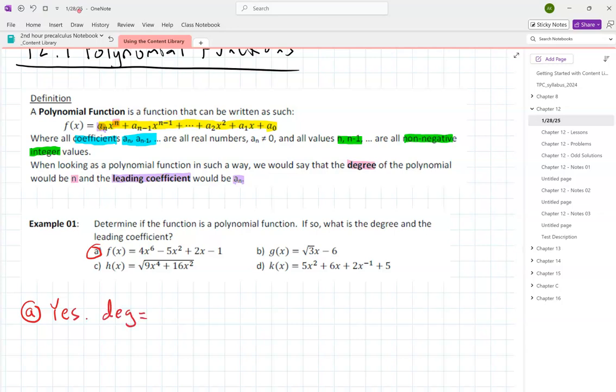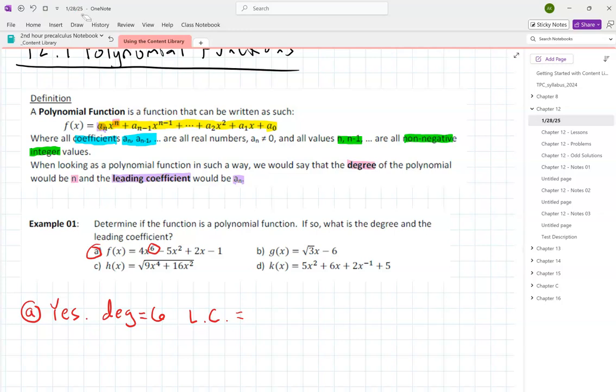What's the degree for that polynomial? The degree is the biggest exponent, 6, and the leading coefficient is not 5.